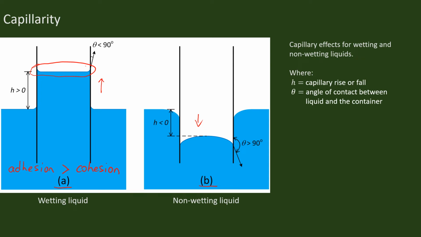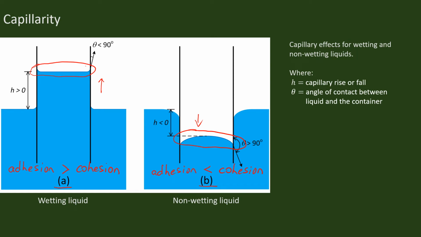So here, the adhesion is smaller than the cohesion. So for this type of non-wetting liquid, the meniscus will form a convex surface like this. And one good example of a non-wetting liquid is mercury.